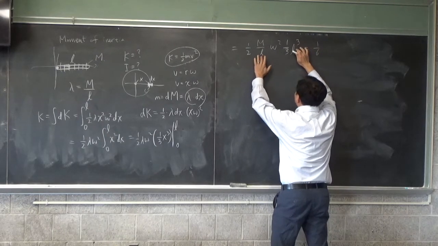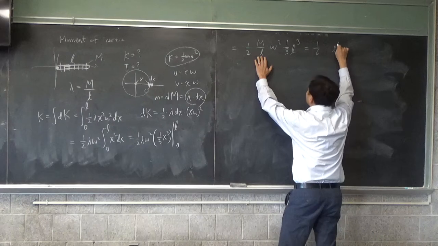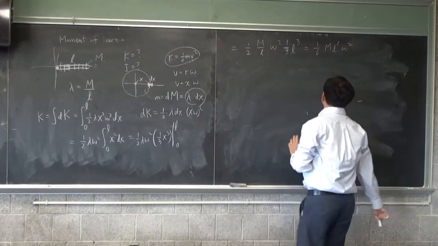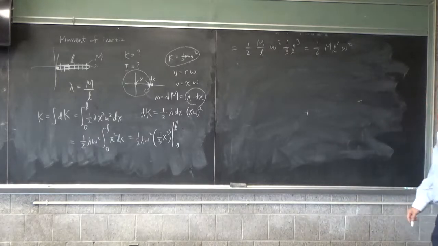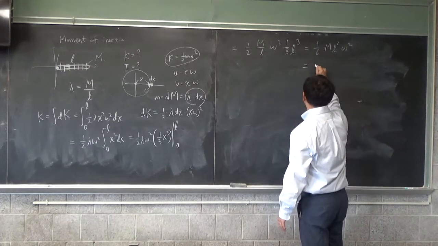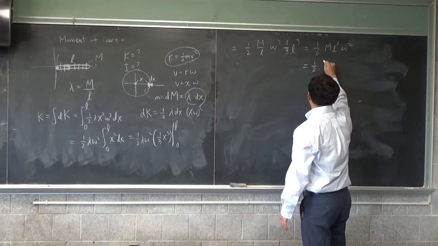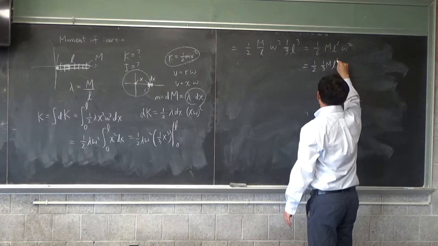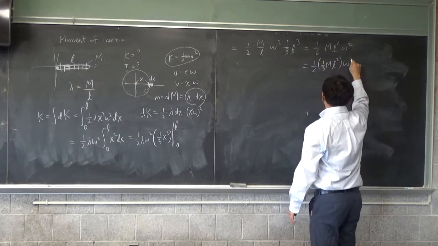L cubed divided by L will be L squared. You still have m, you still have omega squared. Okay, so now we figured out that this can be written as 1/2 times 1/3 ml squared omega squared.